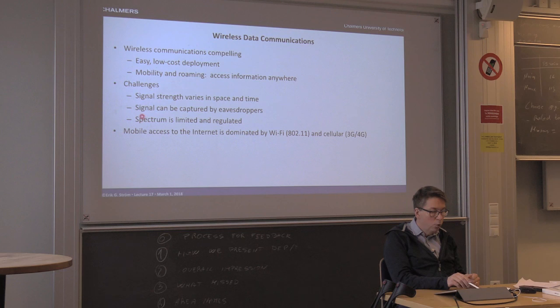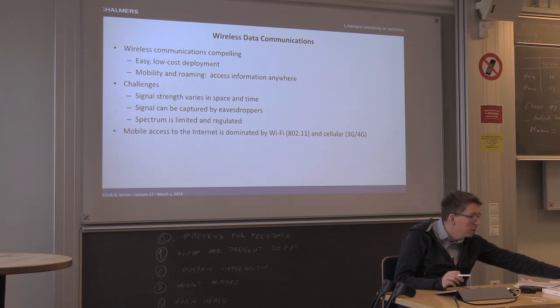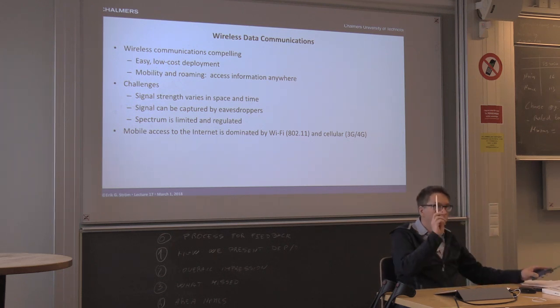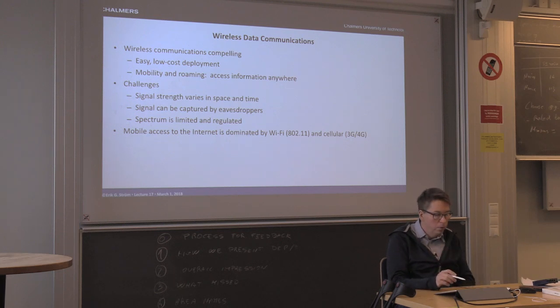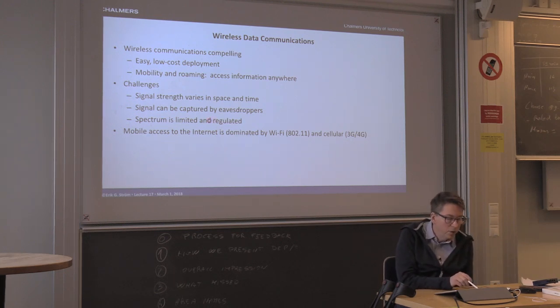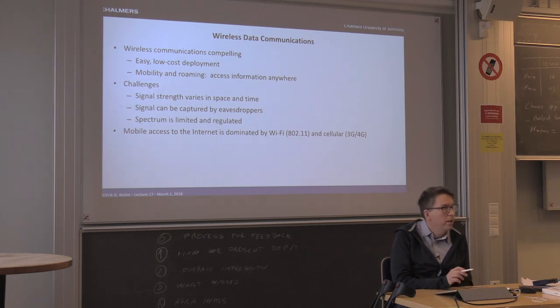Another problem is more from a security point of view: if you do transmission in wireless, it's easy to pick that up if you're close by. You don't need to break into a building and connect yourself to a cable. You could just put up your antenna and listen to what's going on. So security issues are there. Third problem is that the radio spectrum is quite limited and overused.